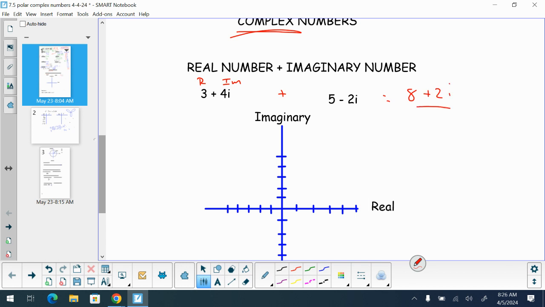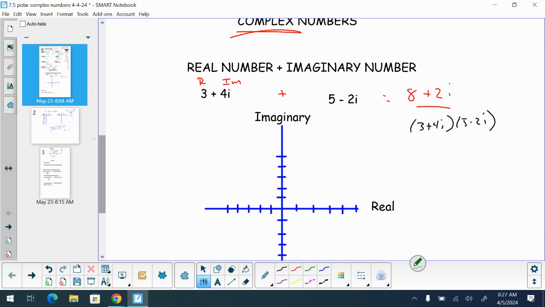We could subtract them, but when we're adding and subtracting, you're just combining like terms. We can multiply them by taking 3 plus 4i times 5 minus 2i. When we multiply them together, we have to go through FOIL, like two binomial terms being multiplied together.